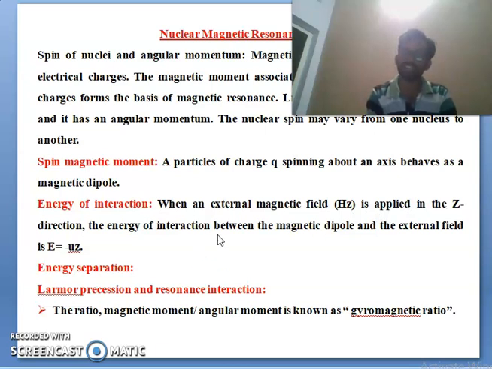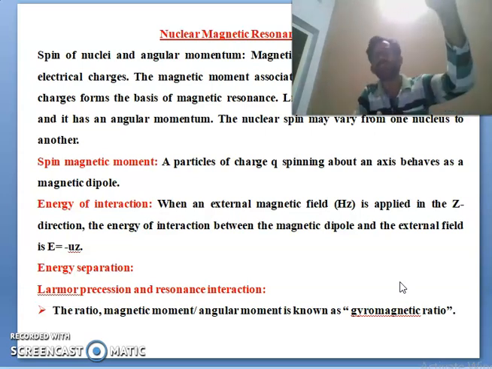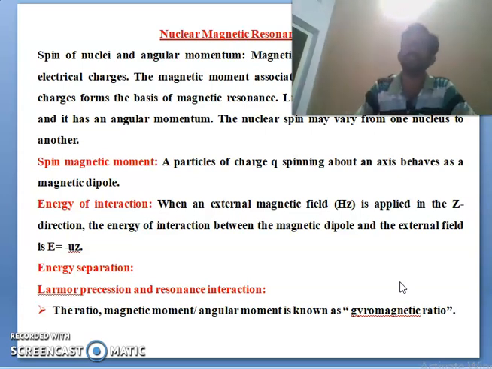The energy of interaction between the magnetic dipole and the external field is E equals minus mu Z. So energy separation, Larmor precession and resonance interaction. The ratio of magnetic moment to angular momentum is known as the gyromagnetic ratio. In simple terms in NMR spectroscopy, what is the gyromagnetic ratio? It is the ratio between the magnetic moment and the angular momentum.